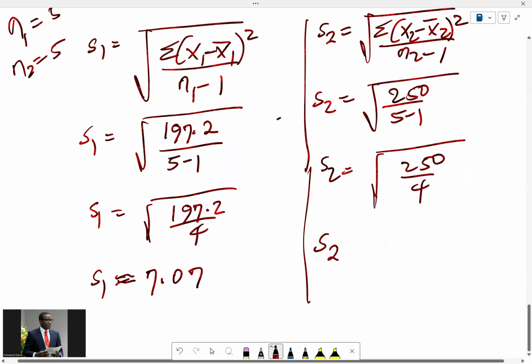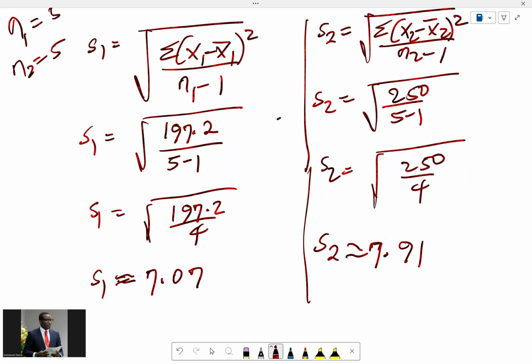Then S2, the square root of 250 divided by 4, is approximately 7.91. You may also want to check from your side to be sure. So this is approximately 7.02, and that is approximately 7.91.